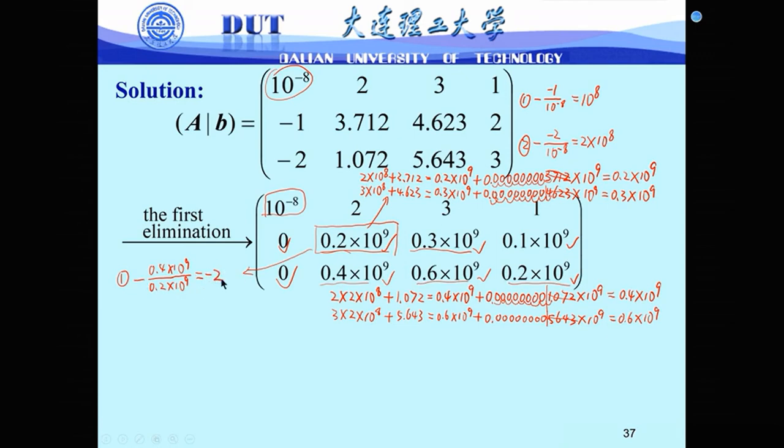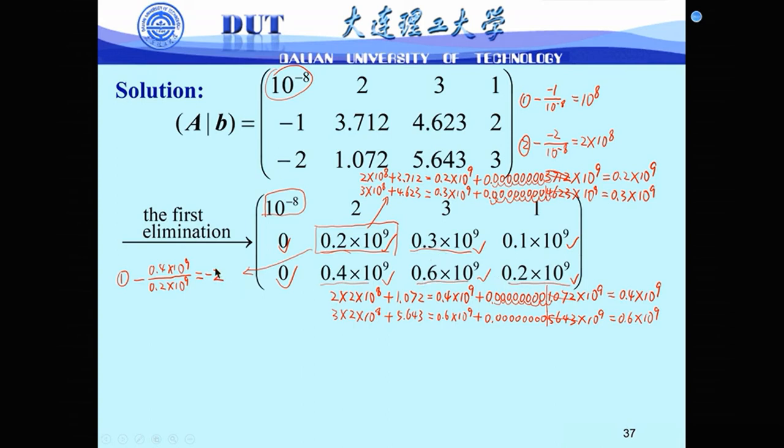So we use minus 2 to multiply the second row and add to the third row. We use minus 2 multiplied by 0.2 multiplied by 10 to 9, added to 0.4 multiplied by 10 to 9. Then this number is 0. And also we use minus 2 multiply this number add to this number, and obtain also 0, because 0.6 is twice 0.3.